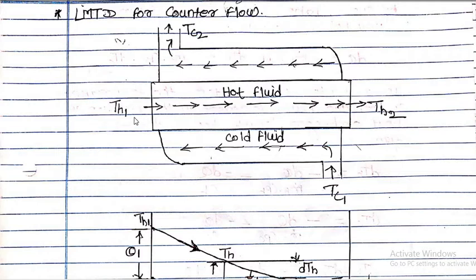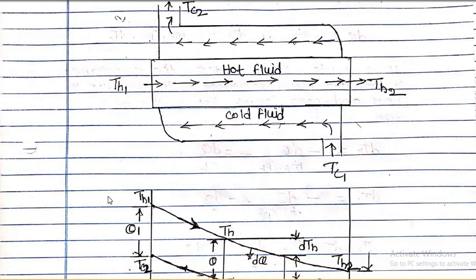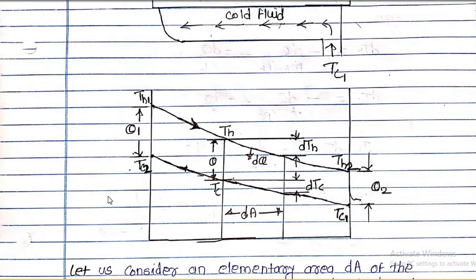So here the direction we have to remember in case of a counter flow is that the fluids are flowing opposite to each other. Let us see the temperature distribution diagram with respect to area.